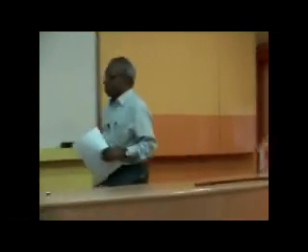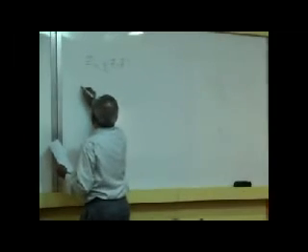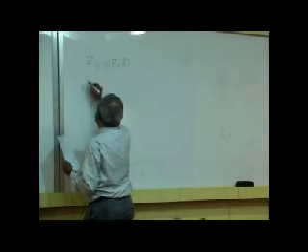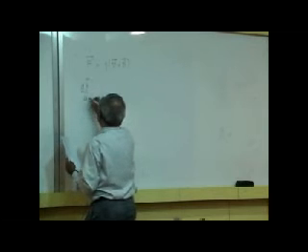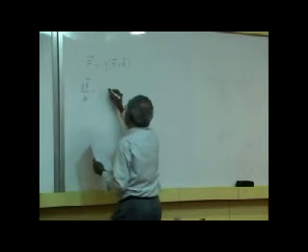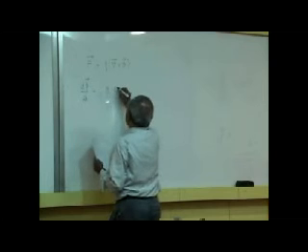So I am going to assume this is valid also in the case of special relativity. So if I take that, I would get my dp by dt to be equal to q times v cross B.